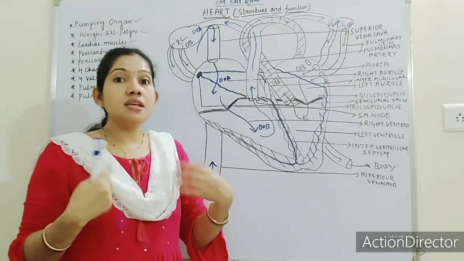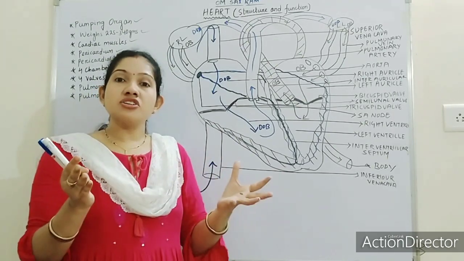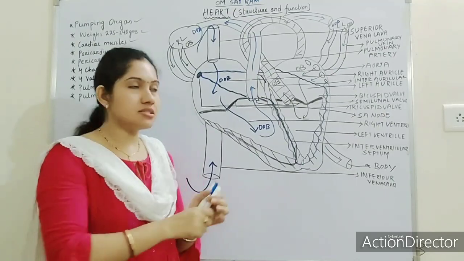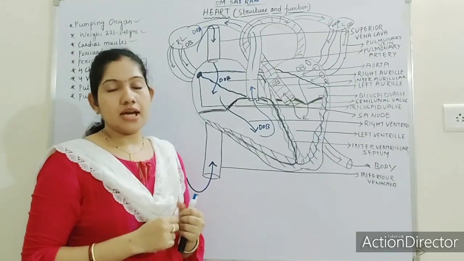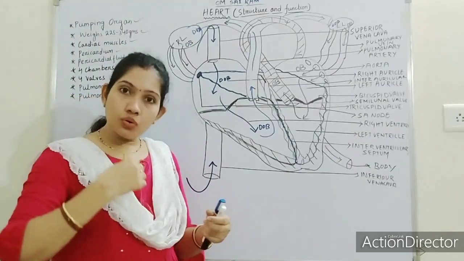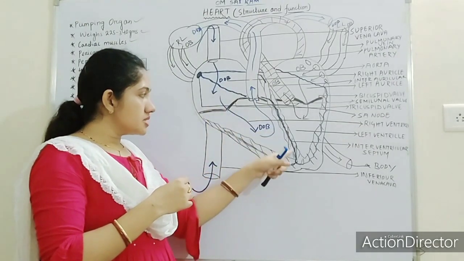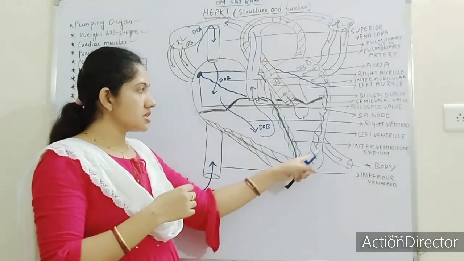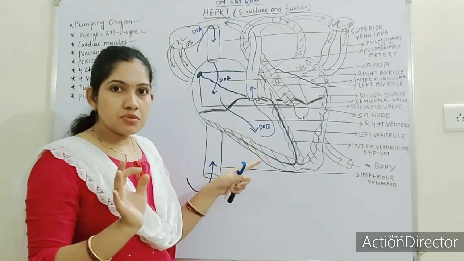That rhythmic expansion and contraction of the heart is regulated by the SA node. It is a very important node which is connected to the muscles. You can see these are the muscles of the heart, which are known as cardiac muscles.